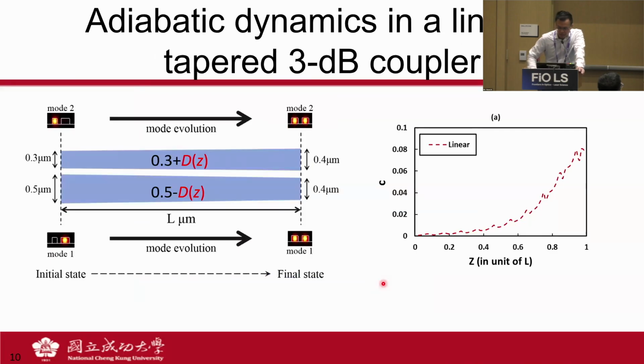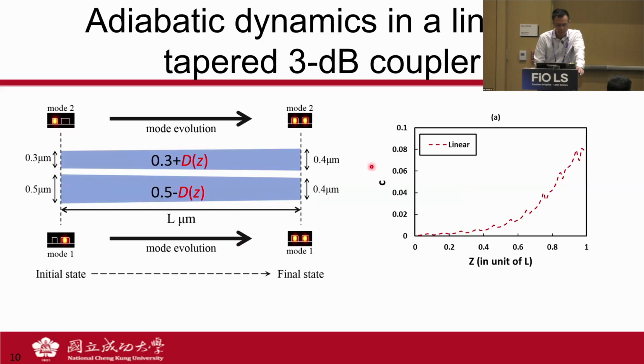So let's use examples to explain how to engineer device adiabaticity. Let's go back to the 3 dB coupler we explained before. In these conventional designs, we typically use a linear taper function to change the width of these waveguides from different widths, for example, 300 nanometers and 500 nanometers, to 400 nanometers each.